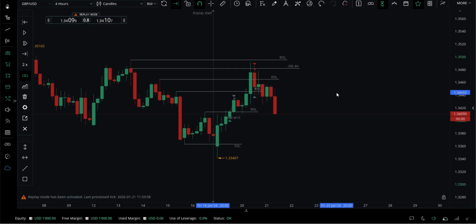On Wednesday, let me clear our chart a bit for clarity. We've traded through these areas already.